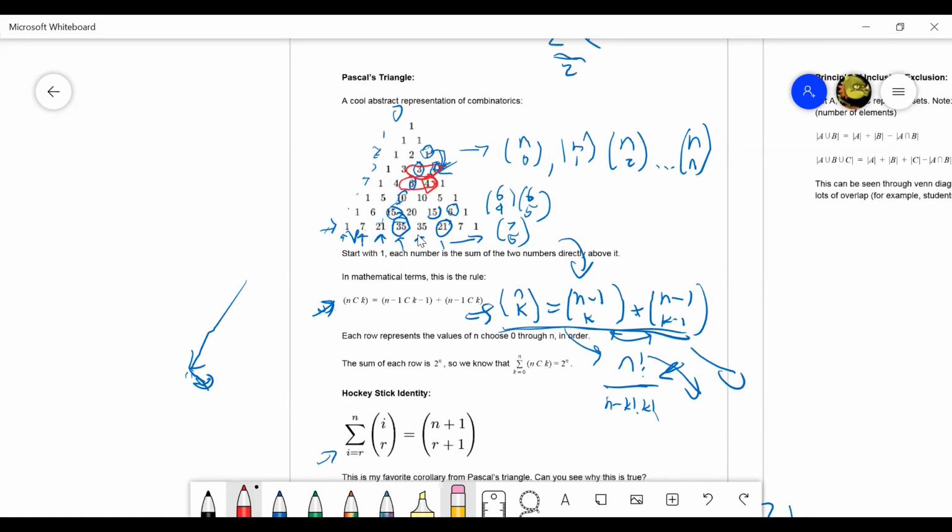And this 4 and 6, on the next row, goes to 10 right here. And this 10 and the 10 goes to the 20, and the 20 and 15 goes right down to 35. So essentially, you can see that this will work for any hockey stick that you draw on the triangle, which is why it's given that name.